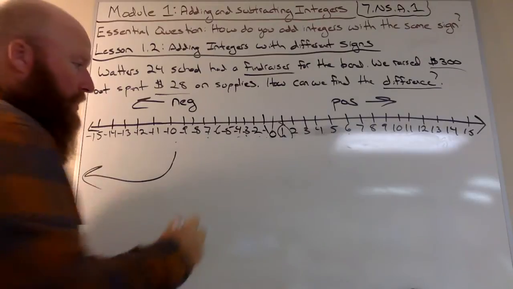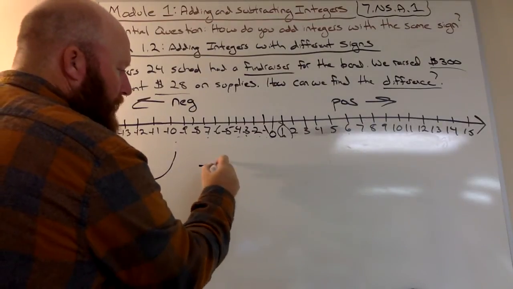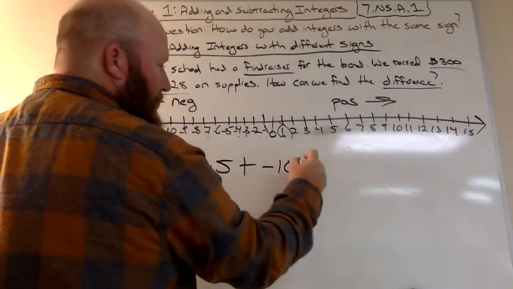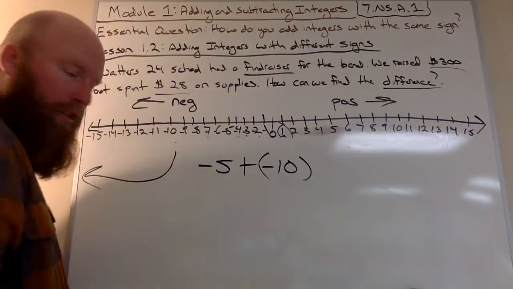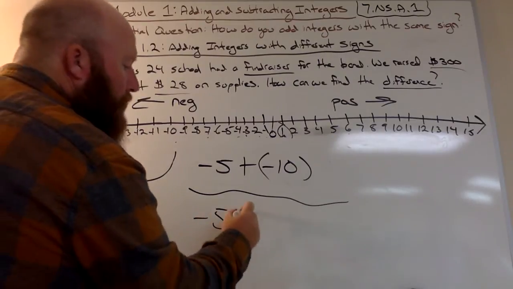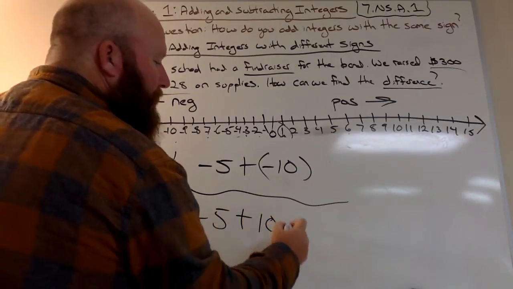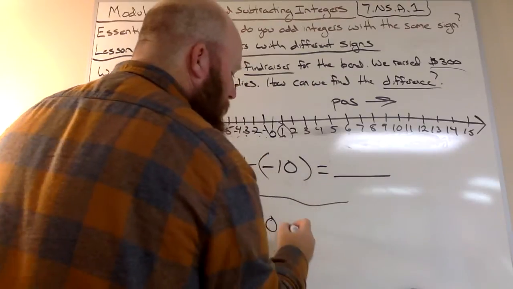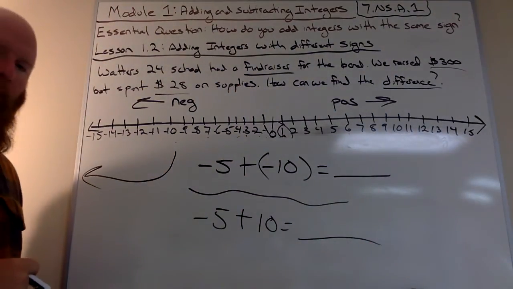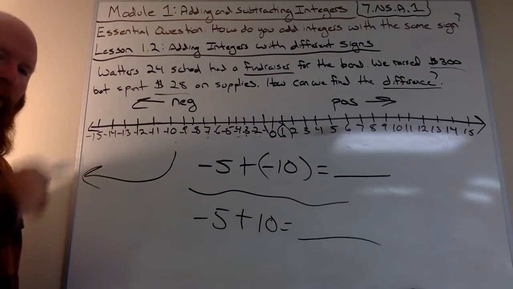So let me show you. If I took negative 5 plus negative 10, look at that equation. And underneath it, I'm going to do negative 5 plus 10. Okay, so think about this. Look at the equations, and then look at the difference.